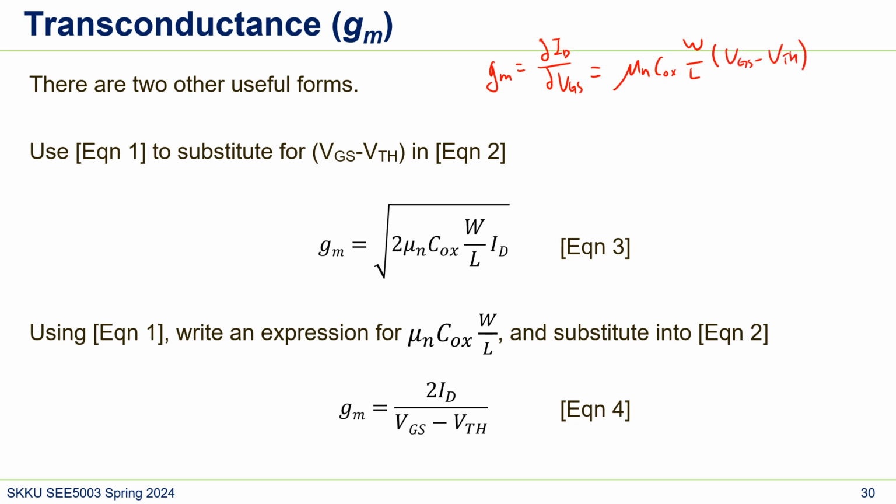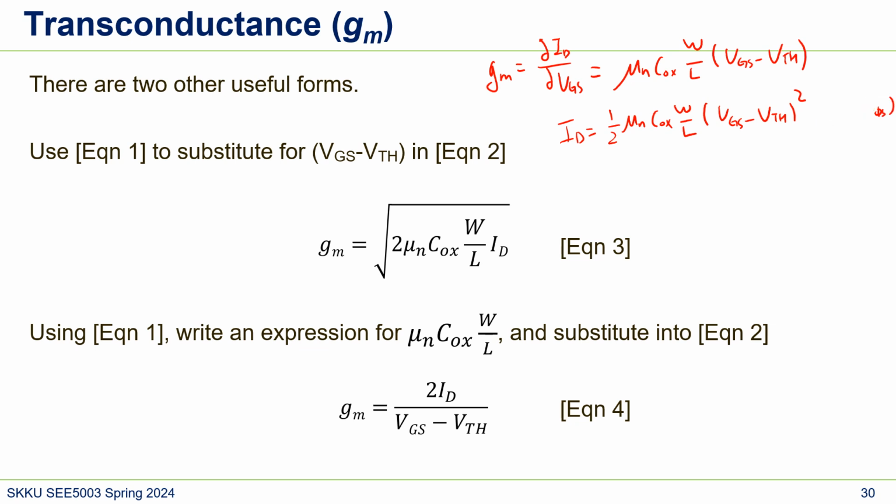This is from the previous slide, our first form, but we can have a different kind of form. For example, what was the ID? ID was 1 over 2 mu n COX W over L times VGS minus VTH squared, right? We're just ignoring channel length modulation.